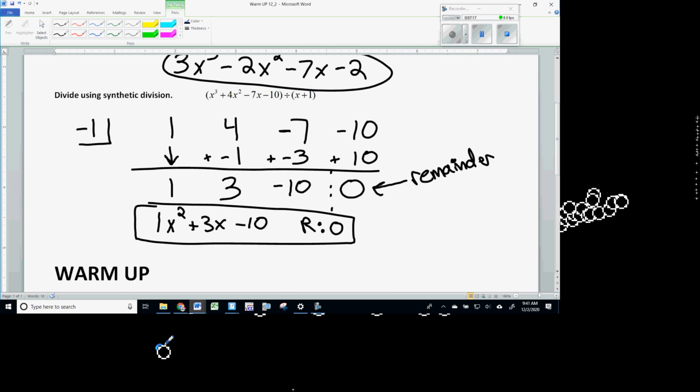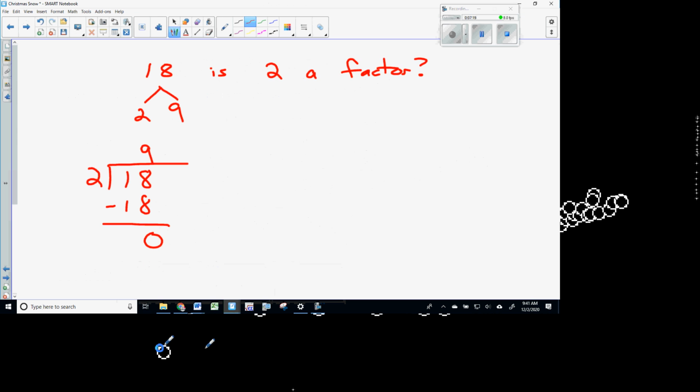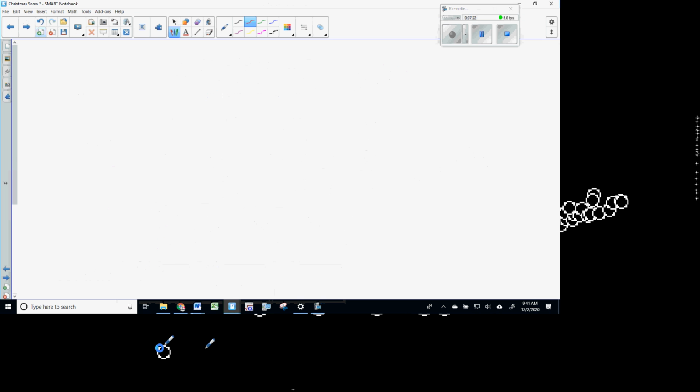Let me give you an example with polynomials before we get to our notes. Something we've looked at before: x squared plus 8x plus 12. And we want to find the factors of that. Well, we've done this a whole bunch, right?